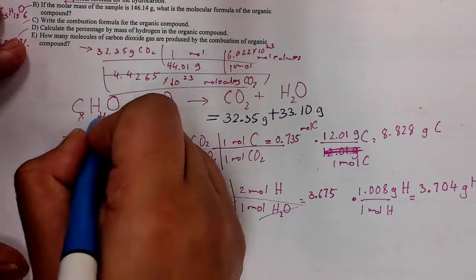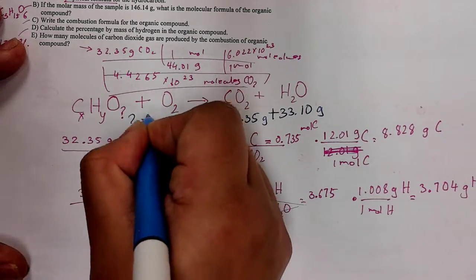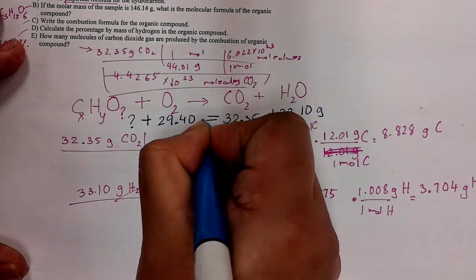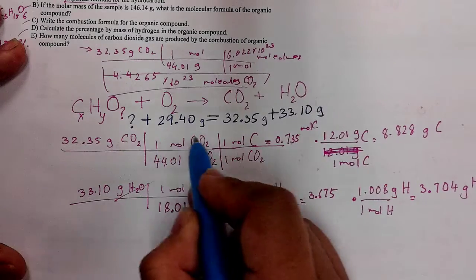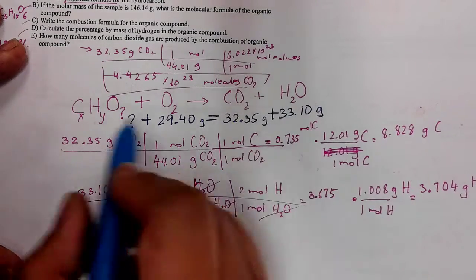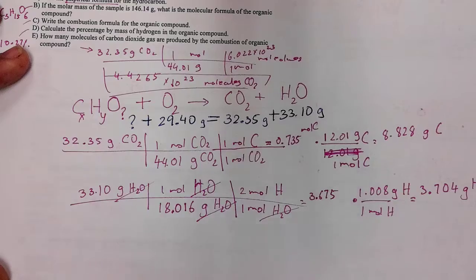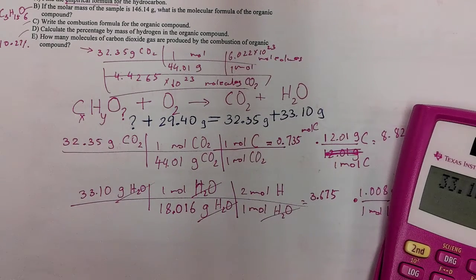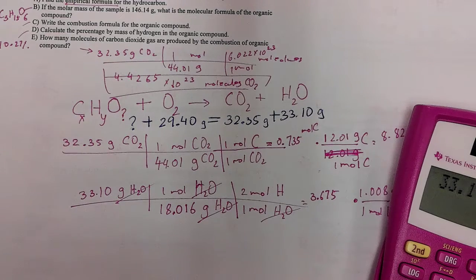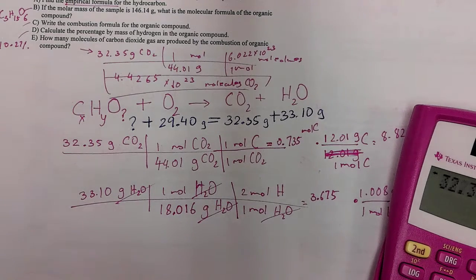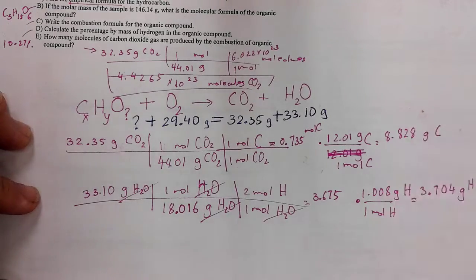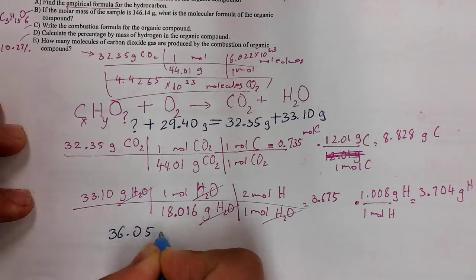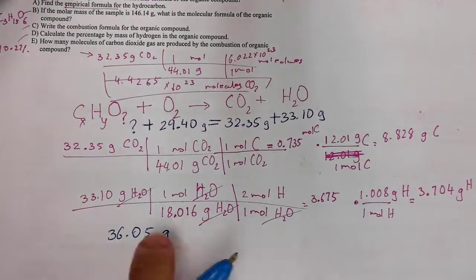That should be equal to this side, what I don't know, plus the mass of oxygen that they give you, 29.40 grams. So if I add these and subtract 29.4, I should get the mass of the hydrocarbon, which is, let me quickly do this, 36.05, which is what I wrote up there. So 36.05 grams. This is my organic compound.